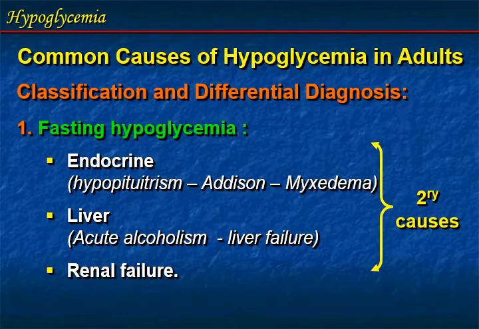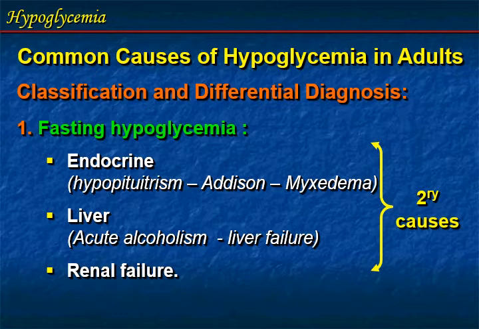And we all know that insulin is degraded primarily in the liver, the first pass in the liver and the second pass in the kidney. Whenever the liver is severely affected, such as in acute alcoholism or liver disease, insulin is not going to be degraded and it will still be circulating, and it will cause a secondary fasting hypoglycemia.